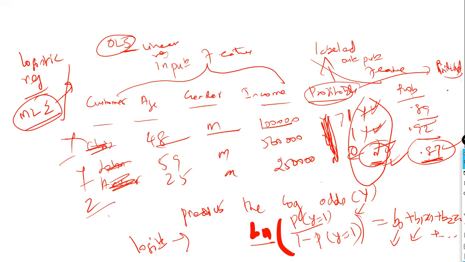If this is also somewhat close to 1, that means it is correctly predicted. If it is something like 0.8, it is somewhat close. And 0 means this customer is most likely to default, so don't give the loan to him. So it will determine the values for the slopes in such a way that the predicted and actual values are close by. That is how maximum likelihood estimation works.